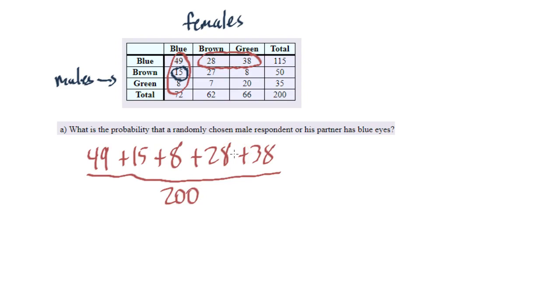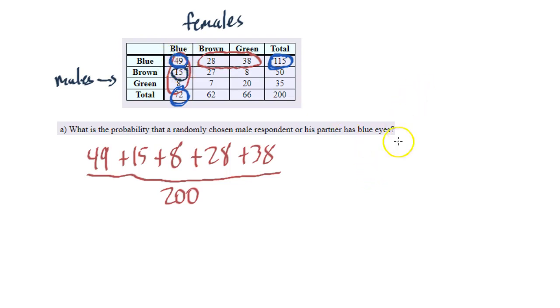There's one other way that applies to a property that we see in this section, the addition property for OR unions. We could take the total and look at 72. I'll use a different color. The 72 number here and the 115 number here represent the totals for blue. But the thing is, we're double counting one of the entries, which is 49.